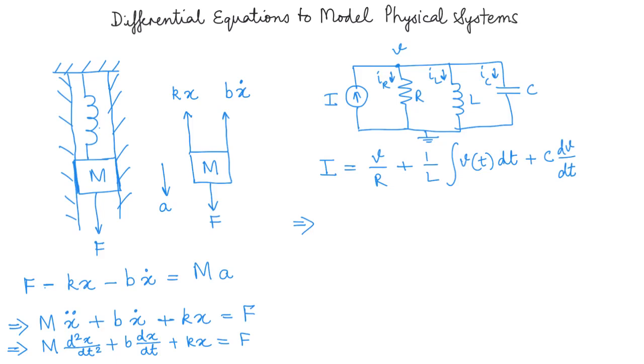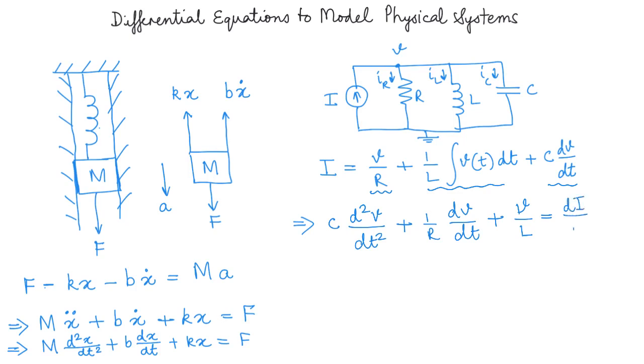If you differentiate with respect to time, you get C d2v by dt square, plus 1 over R dv over dt, plus v over L, and that's equal to di over dt, which let's say is another function.